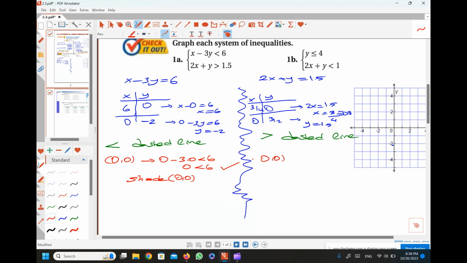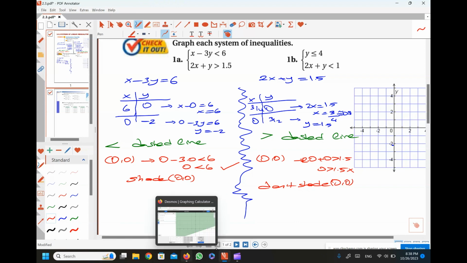You substitute 0 for x, 0 for y. 0 plus 0, 0 is greater than 1.5, which is false. So we shouldn't shade (0, 0). So let's see how it looks on the graphing tool.